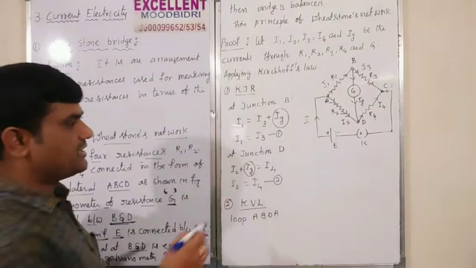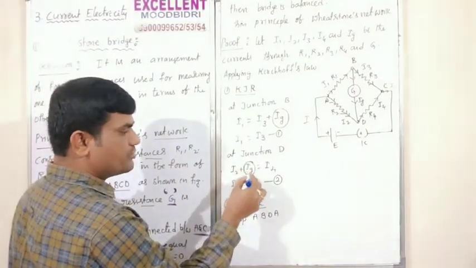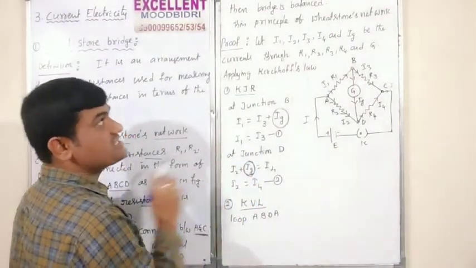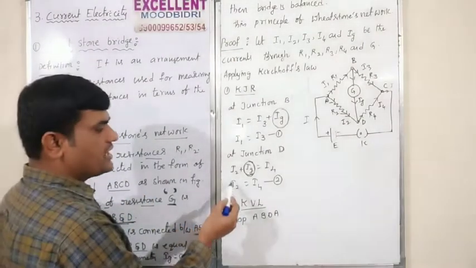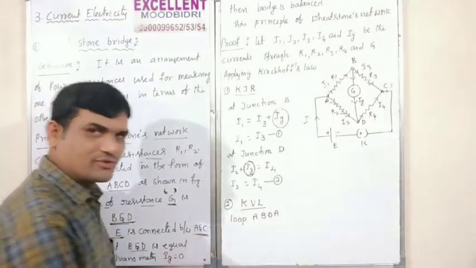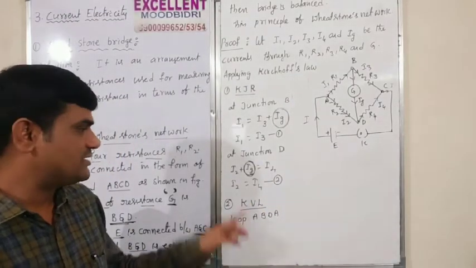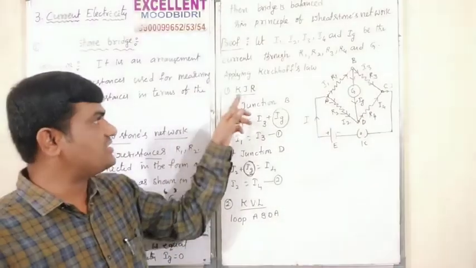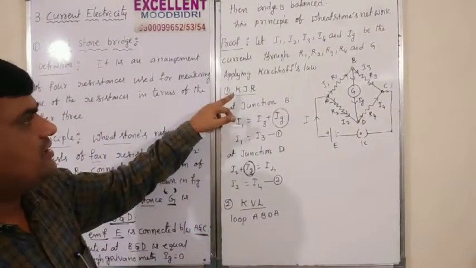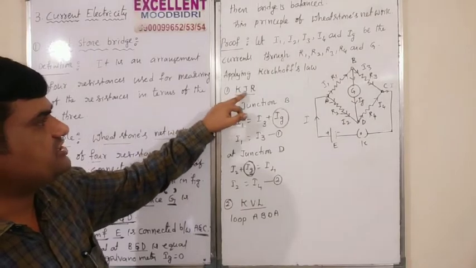But according to the Wheatstone bridge principle, Ig is equal to 0. Therefore, I2 is equal to I4. Alright? I2 is equal to I4. That is the first law over. Now, the Kirchhoff Junction Rule.